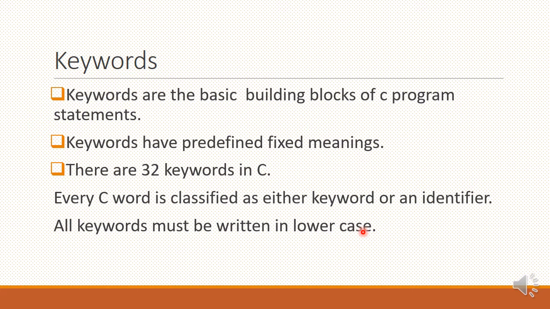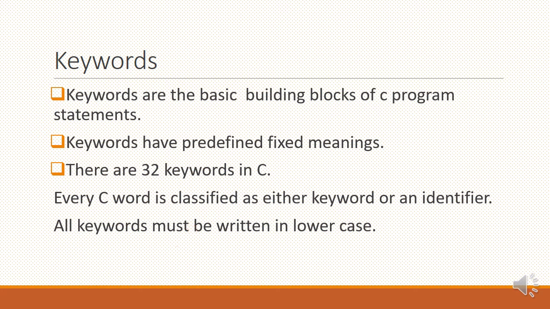Always you should use lowercase letters. Let us revise. Keywords are the reserved words. The meanings and spellings cannot be changed by the user. Whenever you are using keywords, they should be written in lowercase letters. There are 32 keywords in the C language, and they are the basic building blocks of the C program.